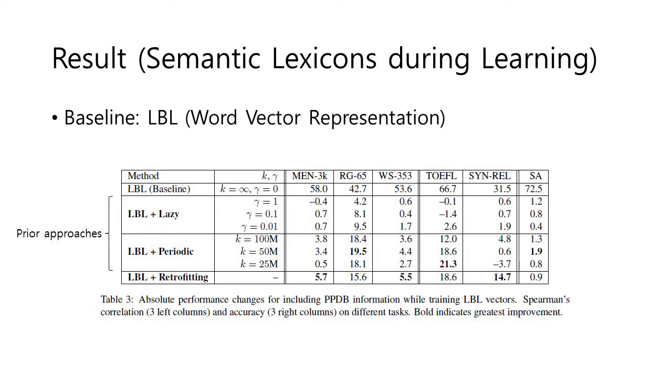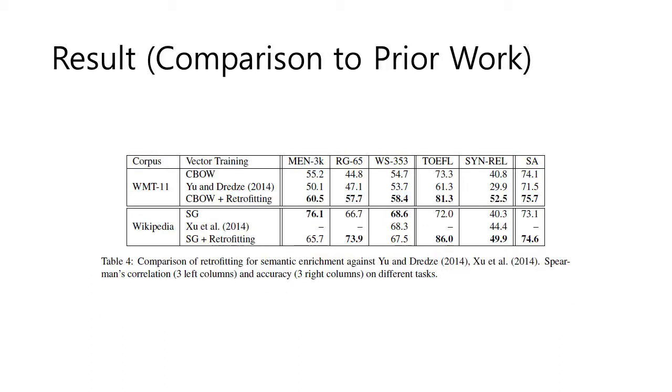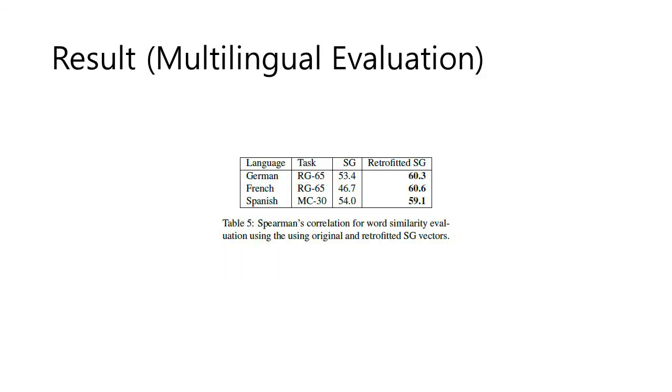Table 3 shows three kinds of methods: baseline, prior approaches, and retrofitting. And this is the result from comparison to prior work. And it shows that retrofitting outperformed the prior works. And this is the multilingual evaluation result.